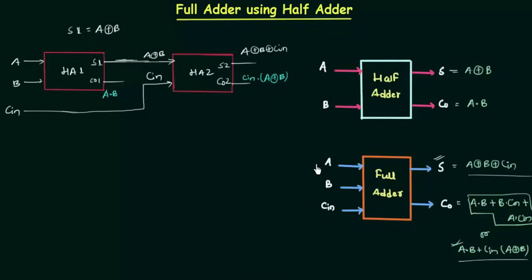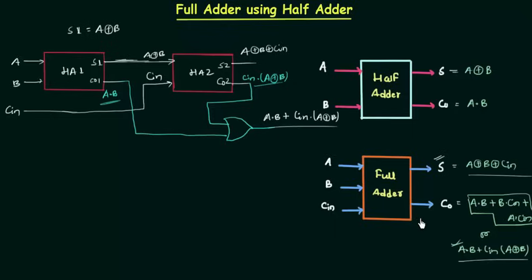So the only thing that we need to do is to OR these 2 carry outputs. So we will use one 2-input OR gate, and we will have 2 inputs, A and B, and the second input will be Cin and A XOR B. So the output of this OR gate is going to be A and B, or Cin and A XOR B, which is nothing but the carry output of the full adder.